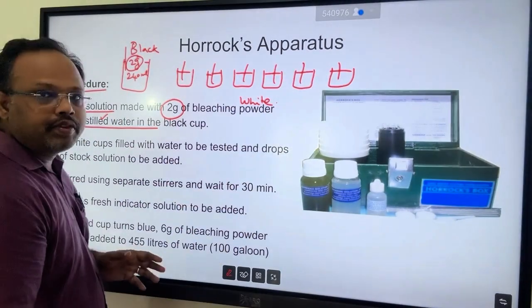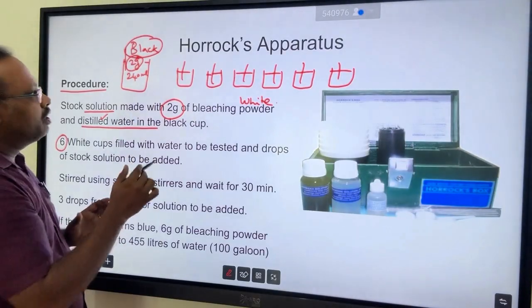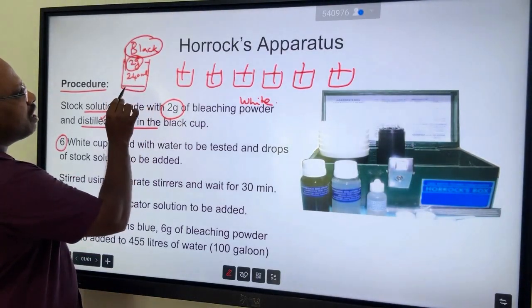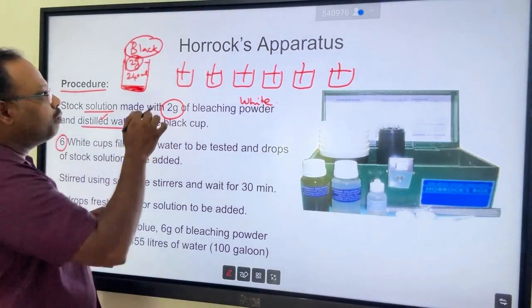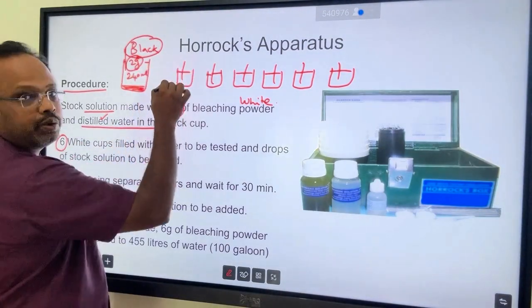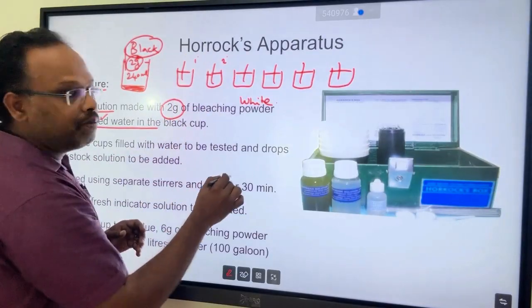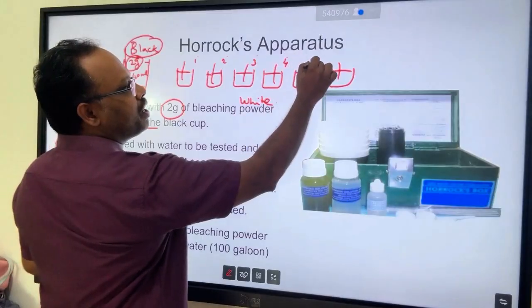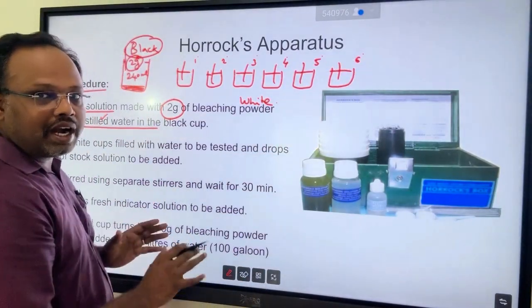Then from the black cup, using the pipette, we take the supernatant solution and discard the lime. Using the pipette, we put 1 drop in the first cup, 2 drops in the second cup, 3 drops in the third cup, 4 drops in the fourth cup, 5 drops in the fifth cup, and 6 drops in the sixth cup.